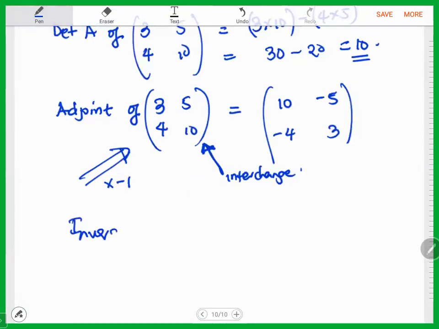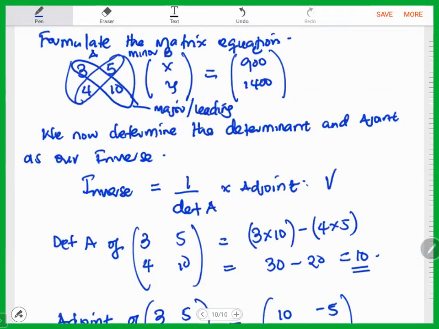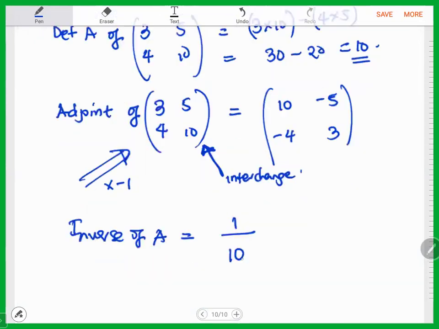So the inverse of A is equal to 1 out of the determinant, which is 10. I'm now substituting in this: 1 out of 10, because my determinant was 10, times the adjoint 10, -4, -5, 3. That is my inverse. Once you open brackets, it will work with each.